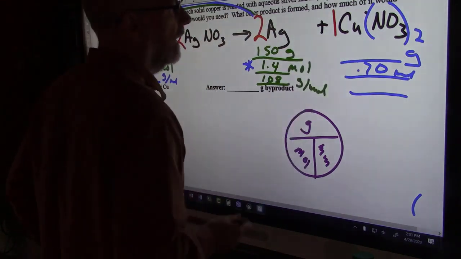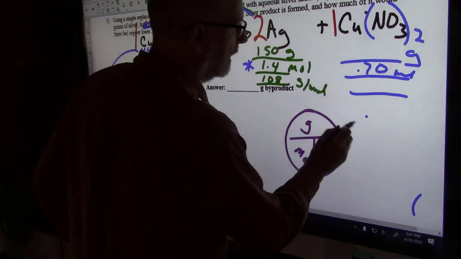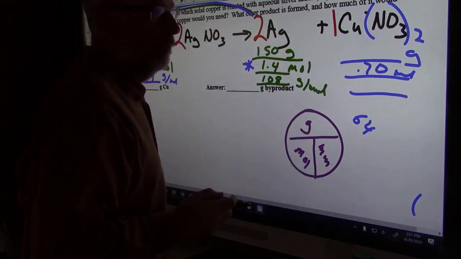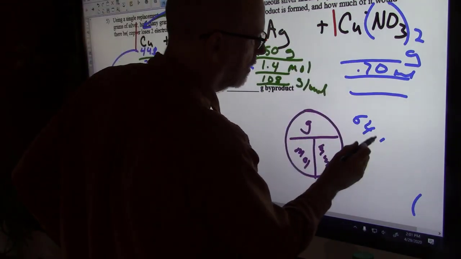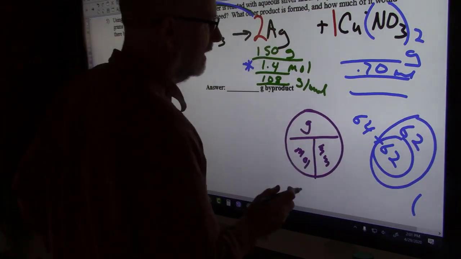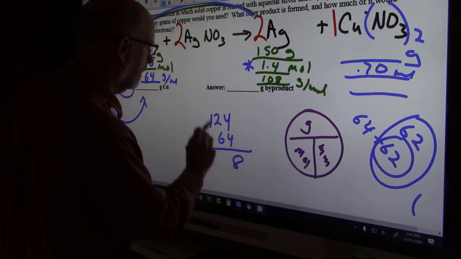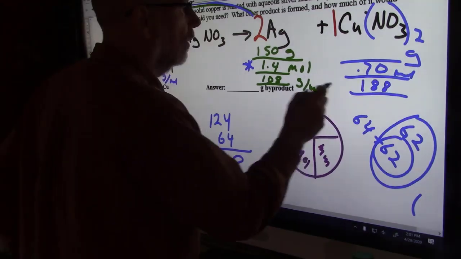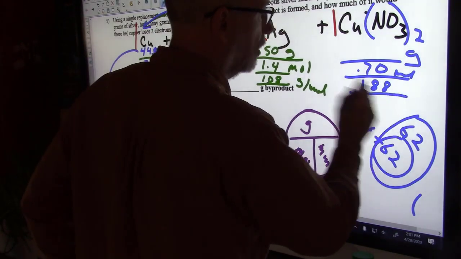And the molar mass of copper 2 nitrate is 188 grams per mole. I should use my calculator.